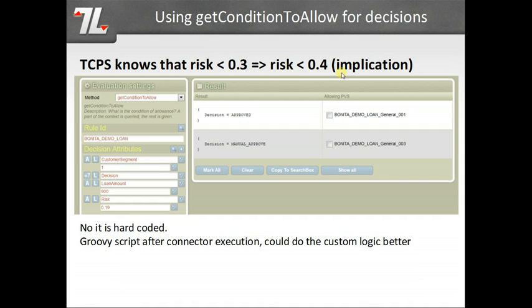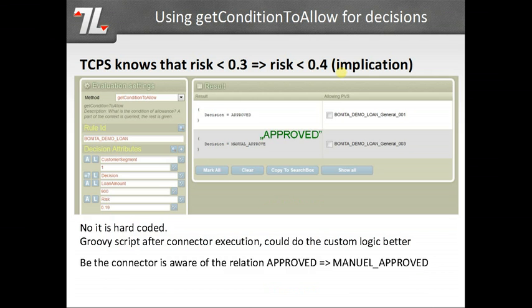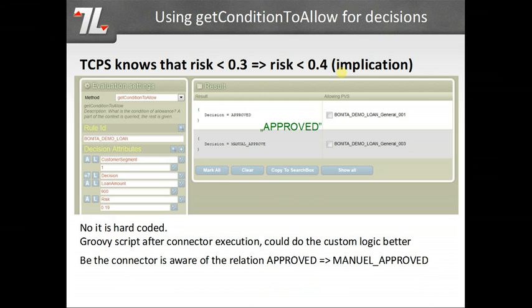I'd better have done it with a Groovy script after the connector execution, but anyway, this is the current situation. For the full-grown connector, I think the best is if the connector is aware of the implication relation, and in this way can extend the implication capability of TCPS.